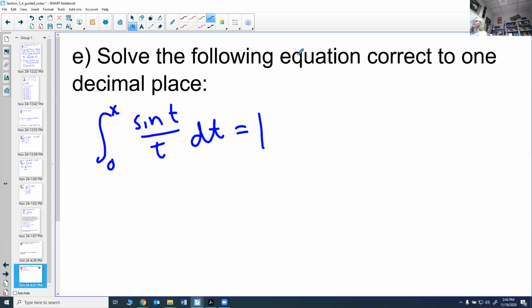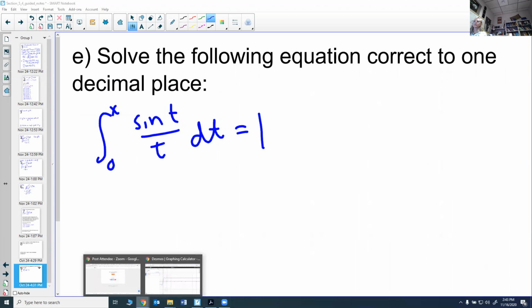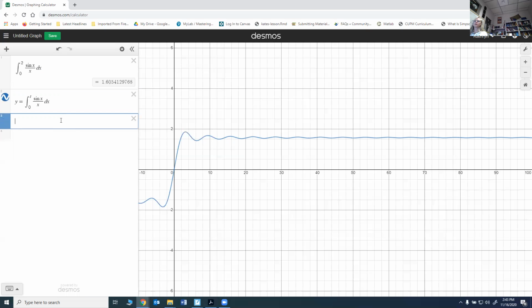We would like to solve the following equation correct to 1 decimal place. So I actually want to find this value out. So again, I can do this with Desmos. I'm going to type in y equals 1. Let's try that again.